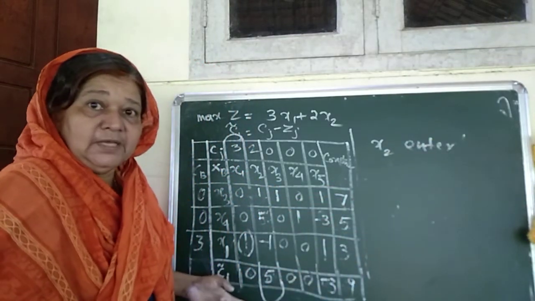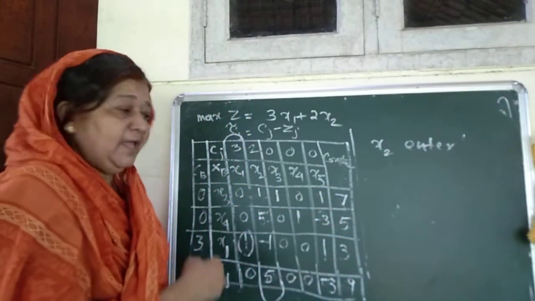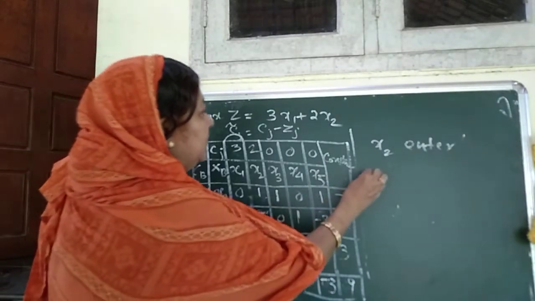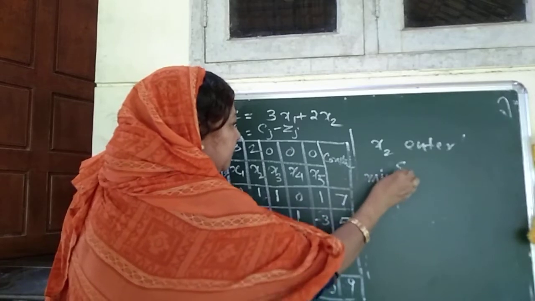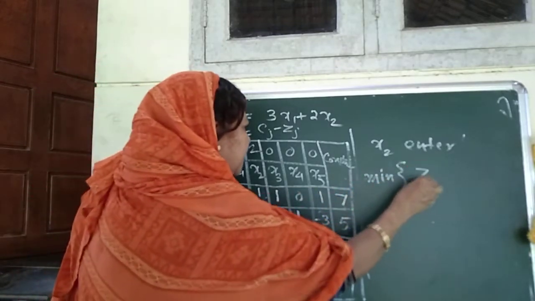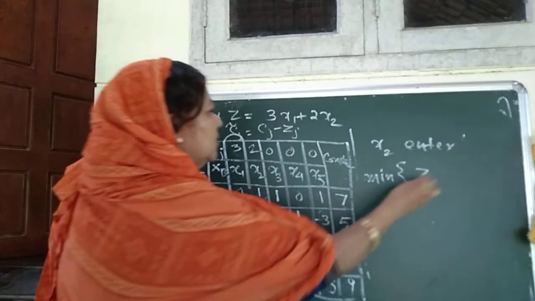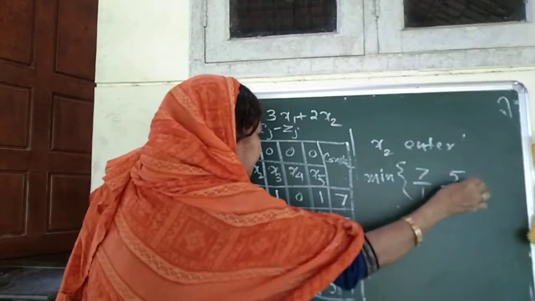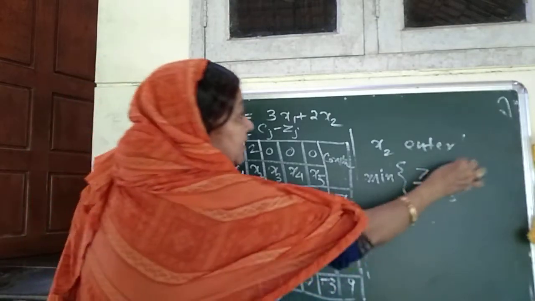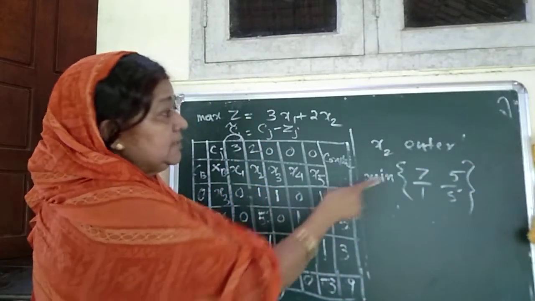When x2 enters, we have to remove a vector from the basis. Let us examine. Here we can apply the minimum ratio rule. The values are 7 by 1 and also 5 by 5. Here we cannot take the negative value. So we get the minimum value is 1.